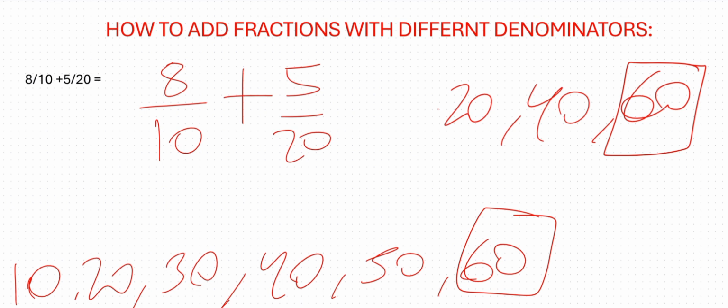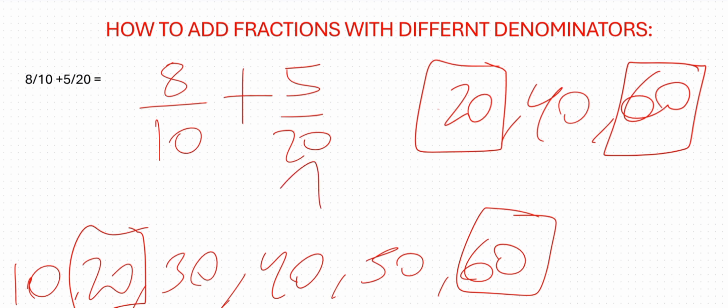But those are the big numbers. There's actually a smaller one if you can find it, and that is actually 20. So if we leave this 20 as it is and just increase this 10 by times 2, to make it 20, then we can easily get the similar denominator of 20.